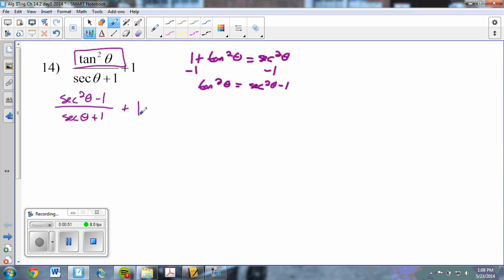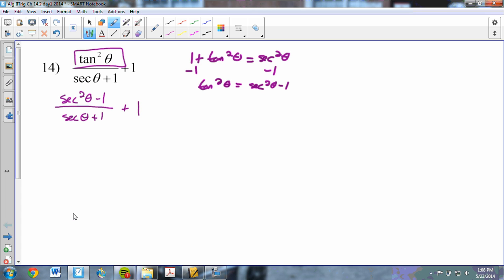Now, one thing I probably should have said before I started all this: I cannot just add these up. Can't just turn that into secant squared, because to add those up, I would need a common denominator. And I don't have a common denominator yet. But I did my secant squared substitution.